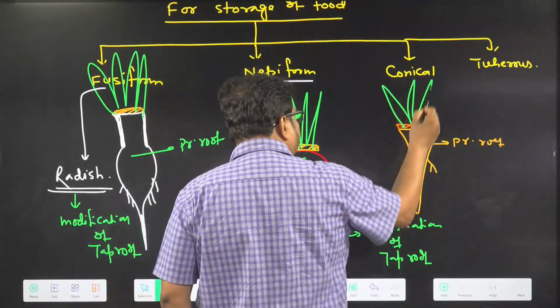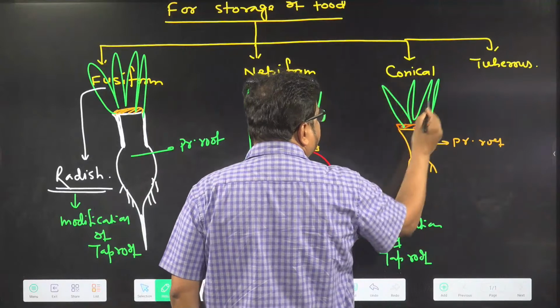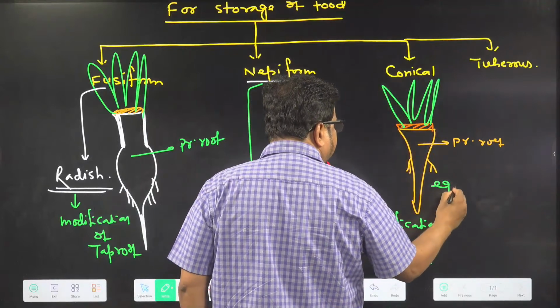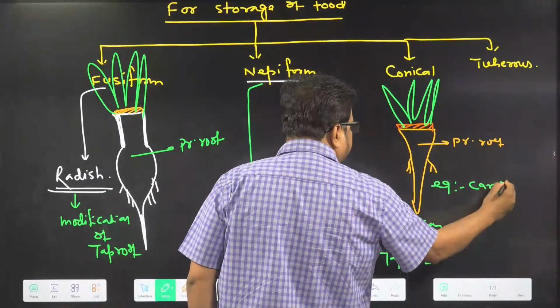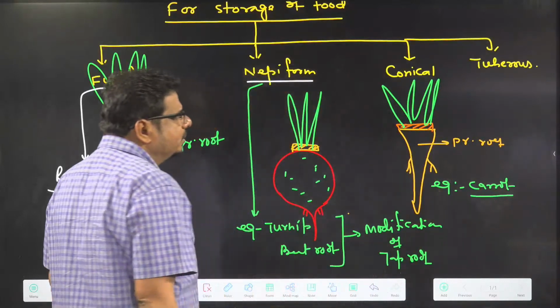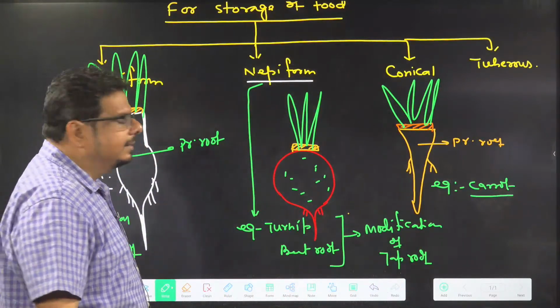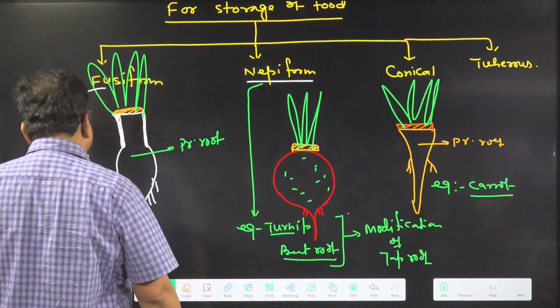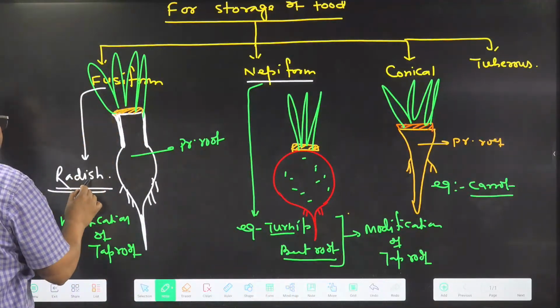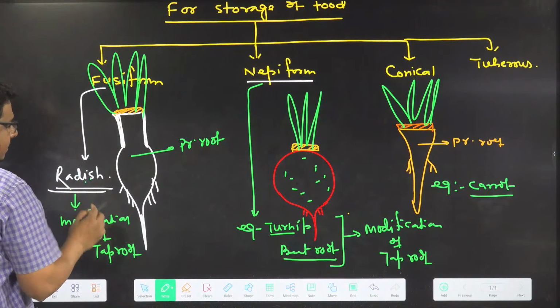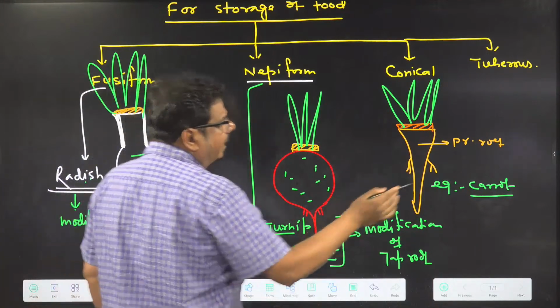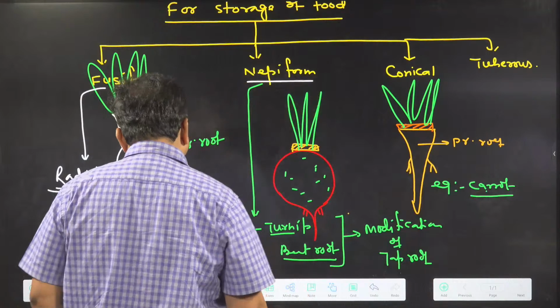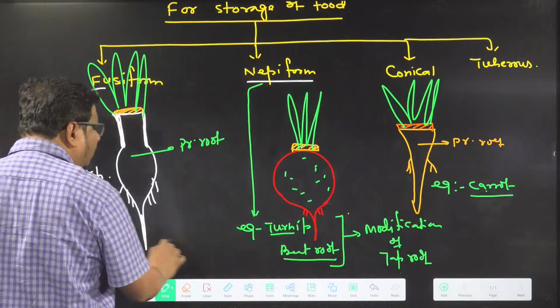Such a condition you find in the case of which one? Example of conical, you can say, is carrot. So carrot is the example of which one? Conical. Turnip and beetroot are examples of napiform. Fusiform example is radish. So radish, turnip, carrot, these all are modifications of taproot for storage of food.